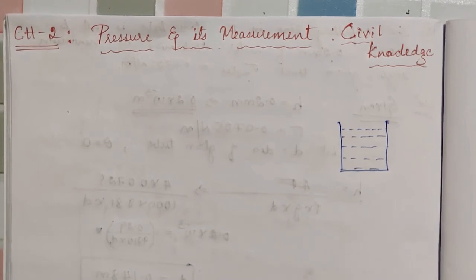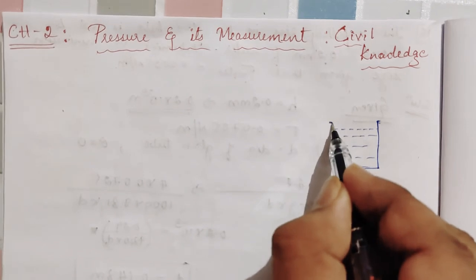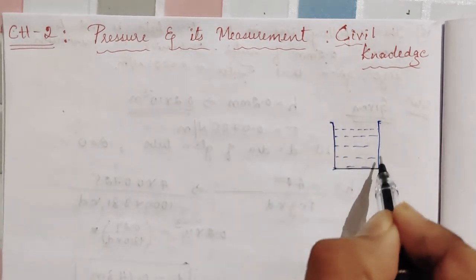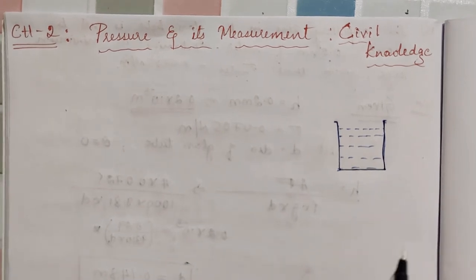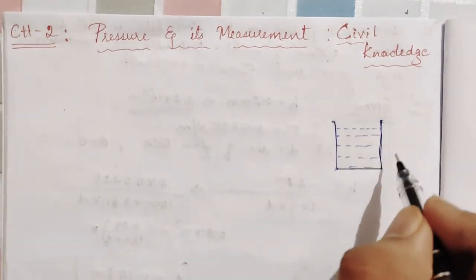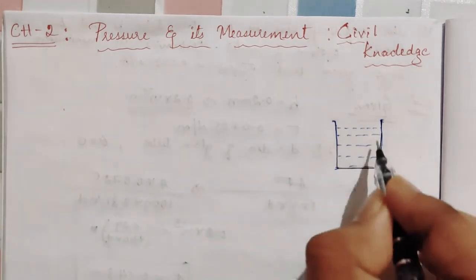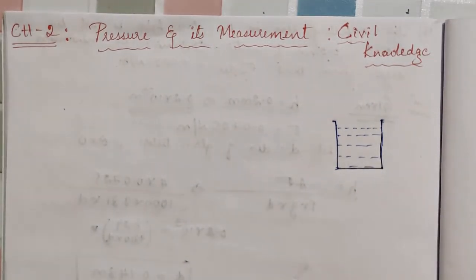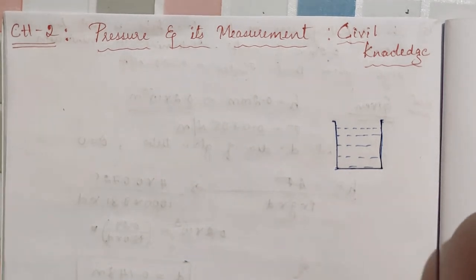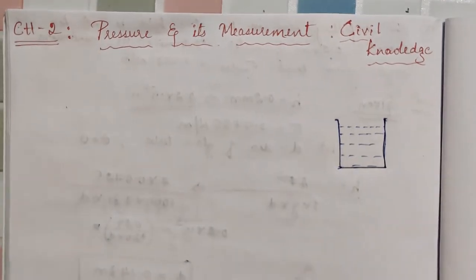Imagine this is the fluid, which has a large mass. I draw a container to make the fluid stationary, in equilibrium.